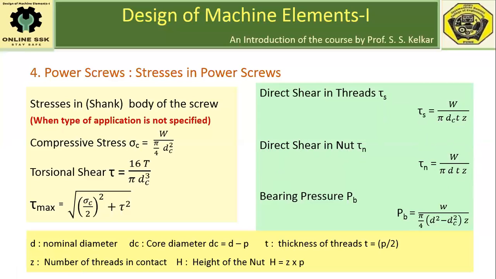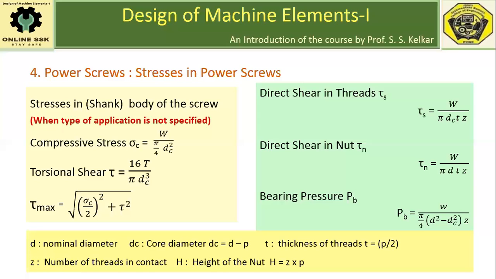In the case of threads of the nut and the screw, there is intimate contact over the interface, and also relative motion between the mating parts. So whenever there is relative motion between mating parts and localized compressive stress develops over the interface, that stress is referred to as bearing pressure.